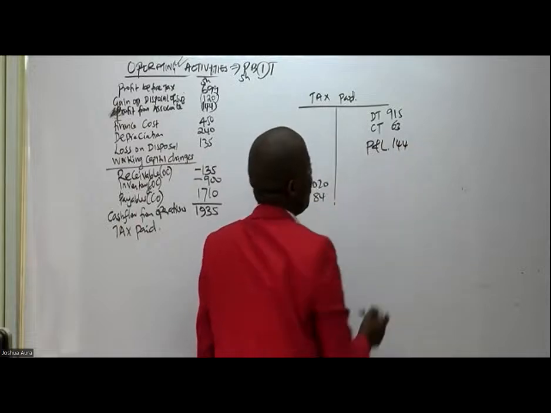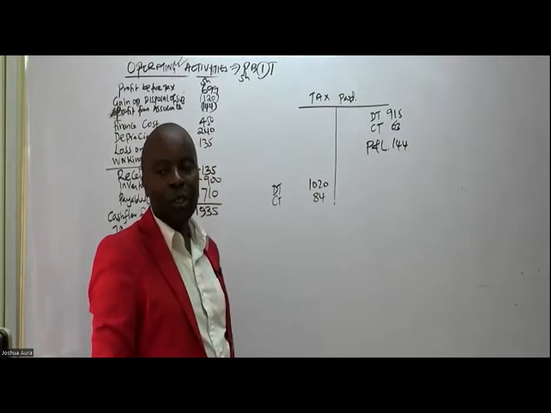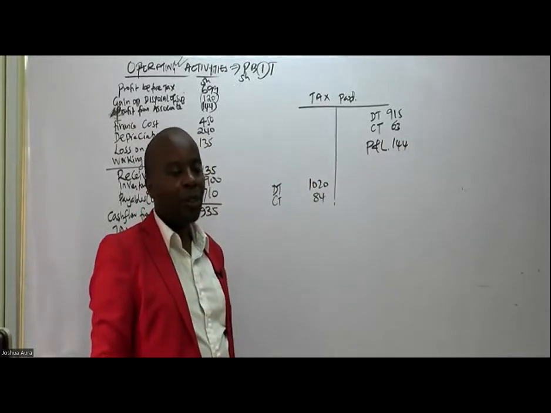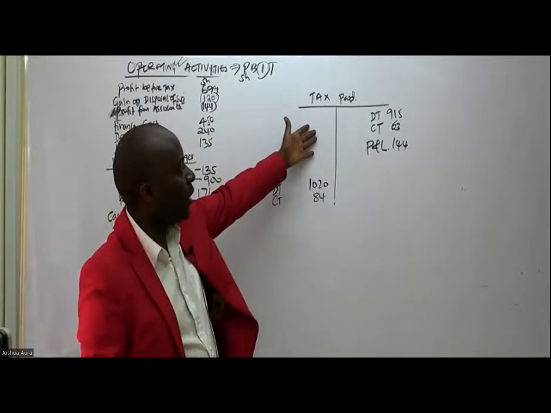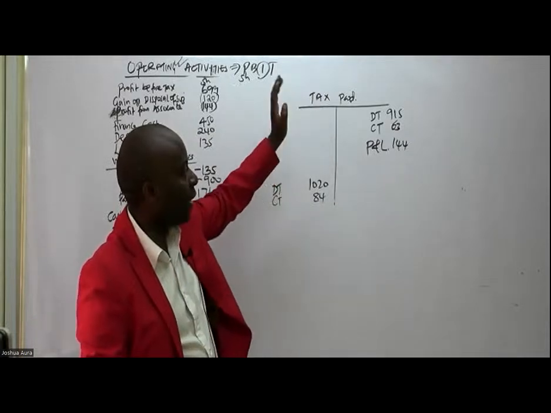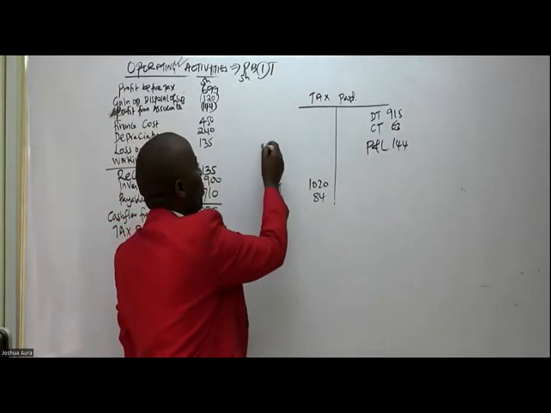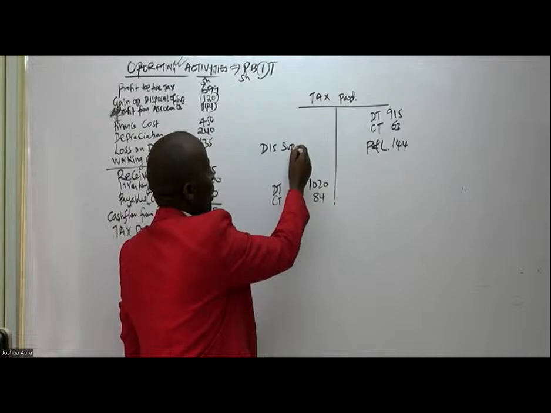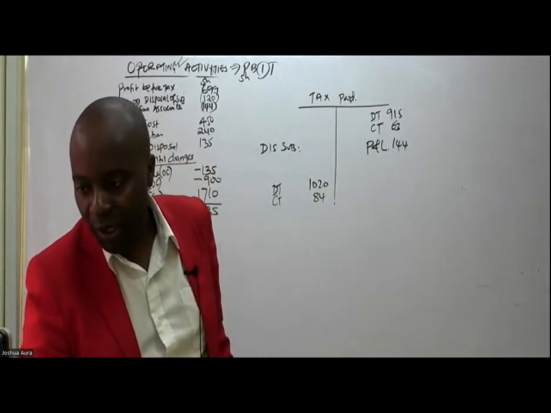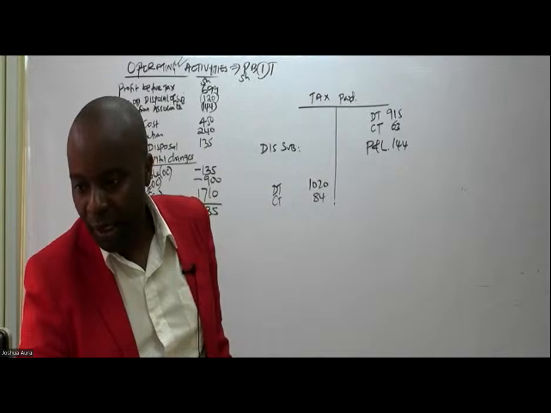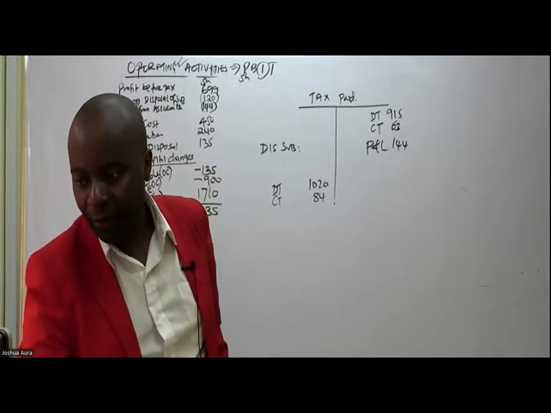In this case, don't forget the disposed subsidiary. The disposed subsidiary will reduce the tax obligation because it went with some tax. So we have the disposed subsidiary tax obligation. Let's look for the tax obligation.